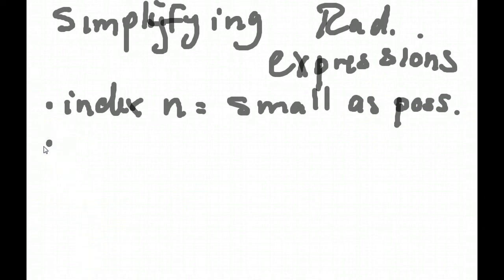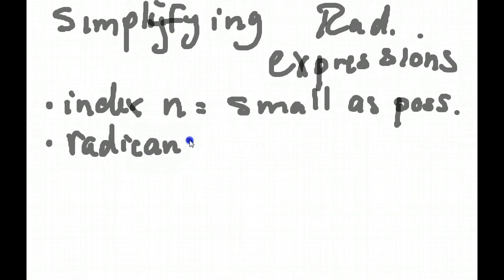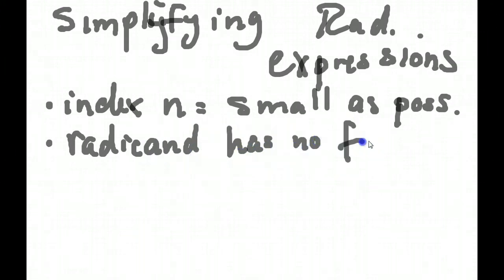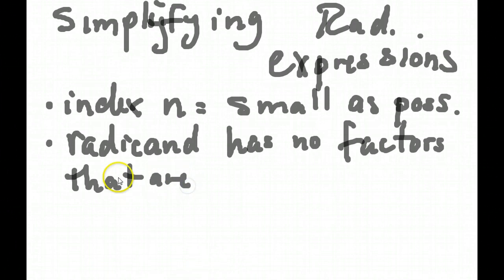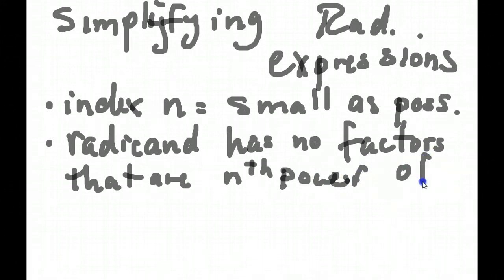Second, the radicand contains no factors other than 1 that are the nth powers of an integer or a polynomial. We want the radicand, that's what's underneath our radical sign, to have no factors other than 1 that are the nth power of an integer.